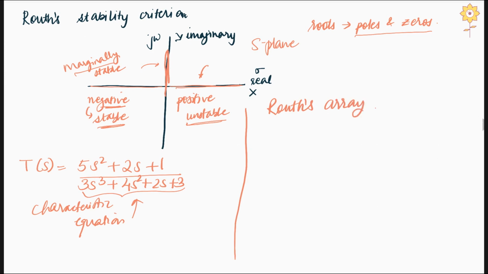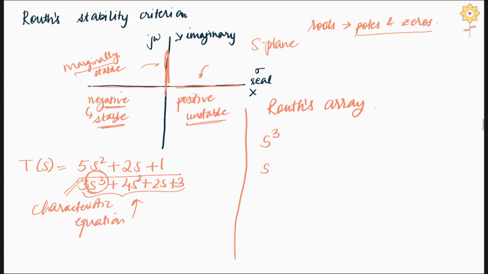We have to look at the characteristic equation that we have at hand, and then write these terms on the left side, which will form a column. Here you see the highest power of s is s cube. So, starting from s cube, we go on decrementing the power, and we go on writing it one below the other.